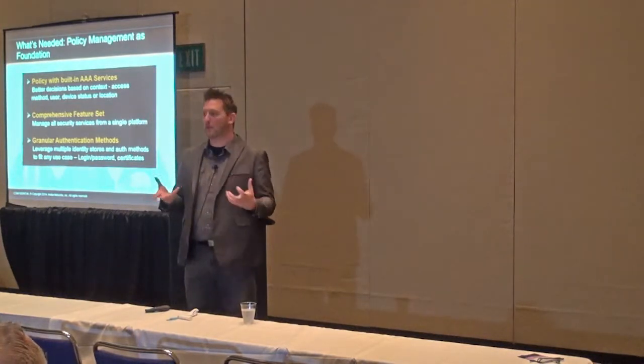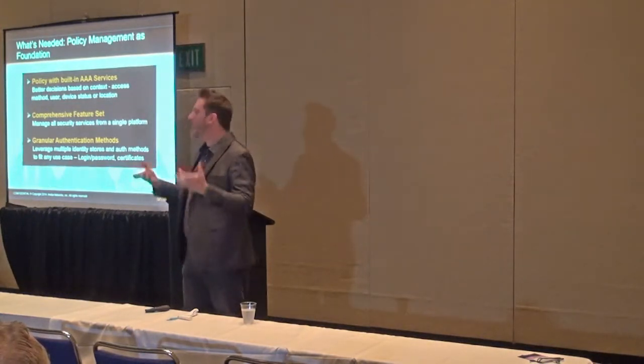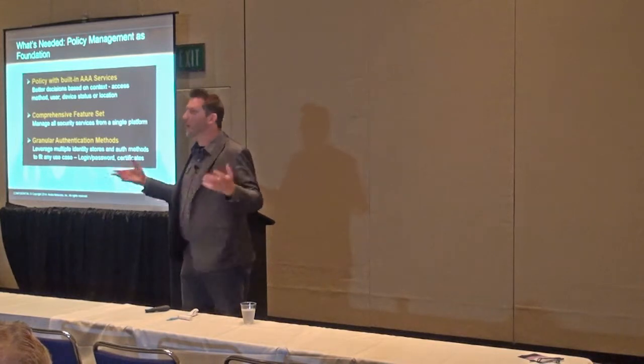Those are our enforcement points for policy. So what happens is we create all these policies at all these different enforcement points, and none of them match each other. They're different. Aren't they?